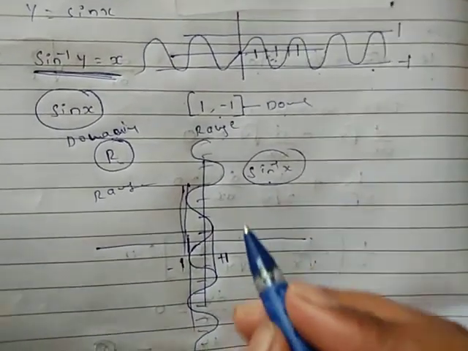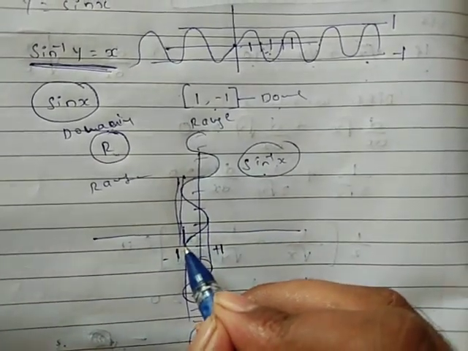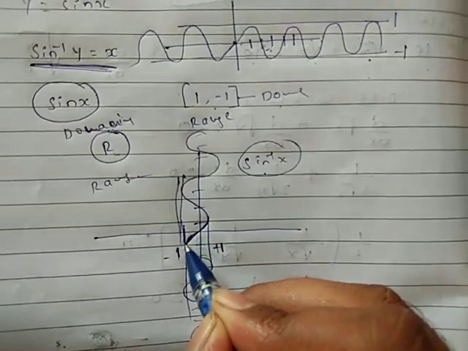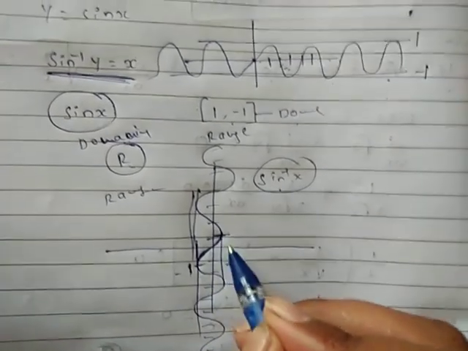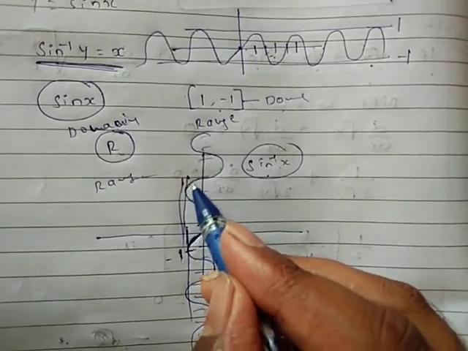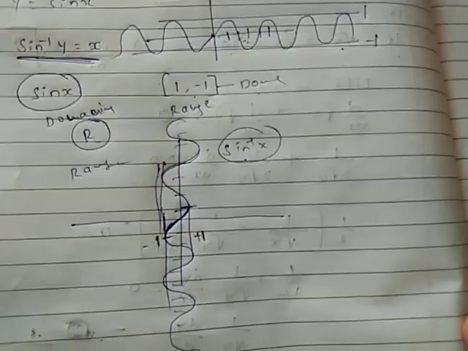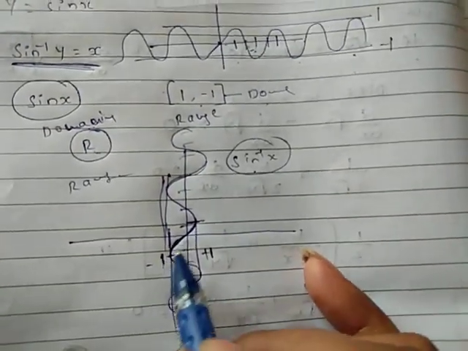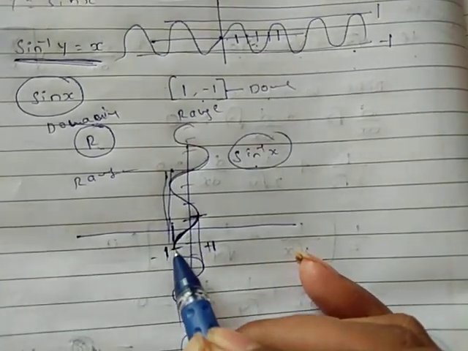Observe here, for the function we are going to restrict it, because for the same value we are getting different values. We are talking about the restrictions of the functions.